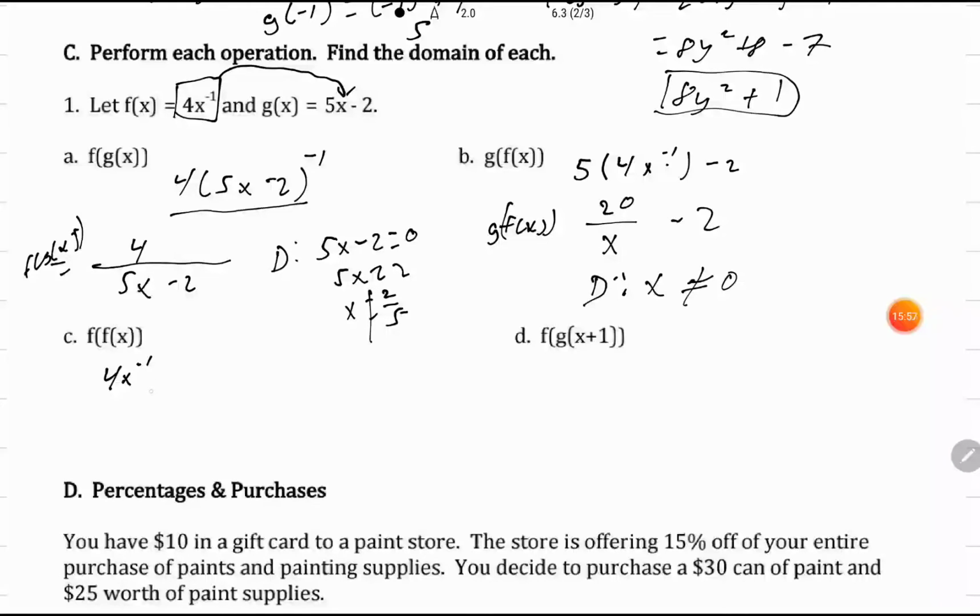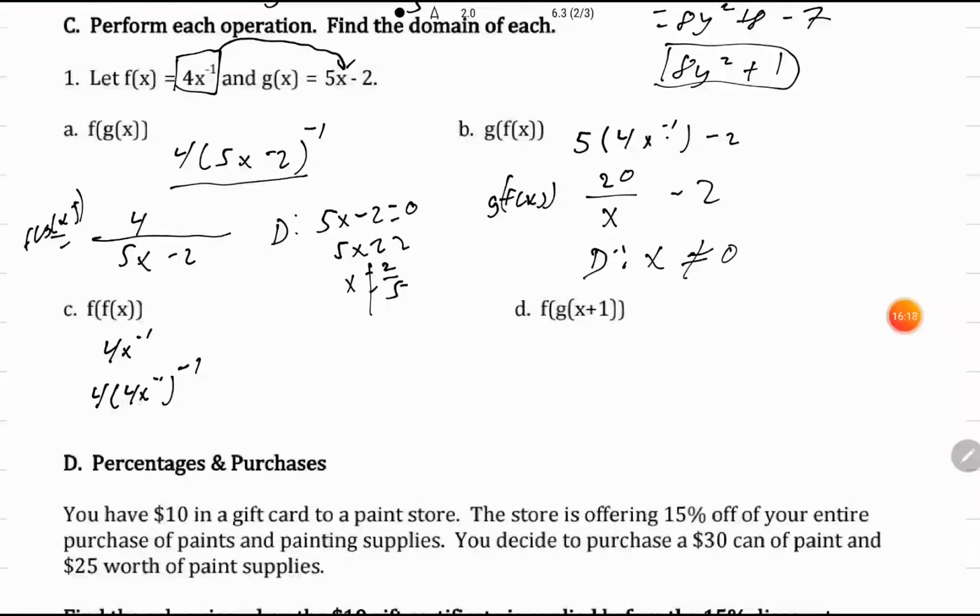So every time I see an x, I'm going to plug in 4x to the negative first. So this is 4 times 4x to the negative first to the negative first. Okay? A little confusing there.